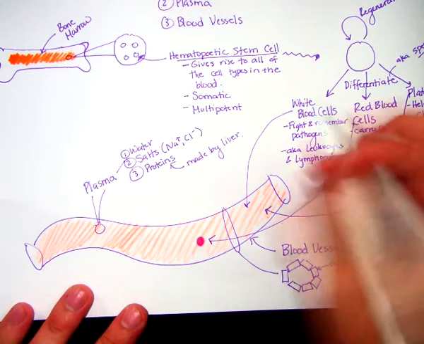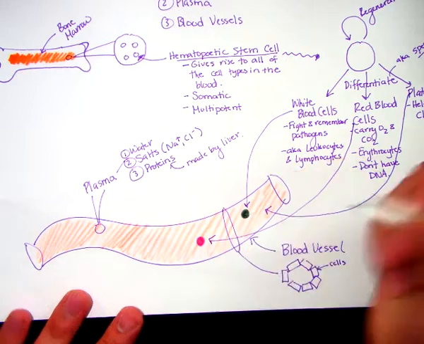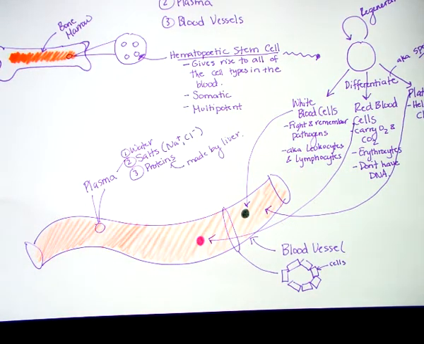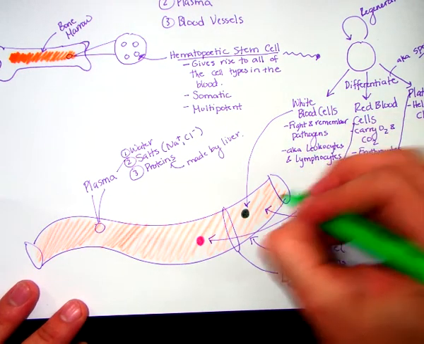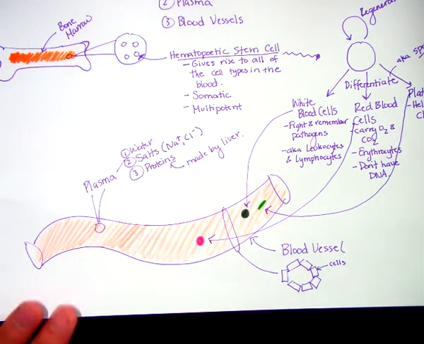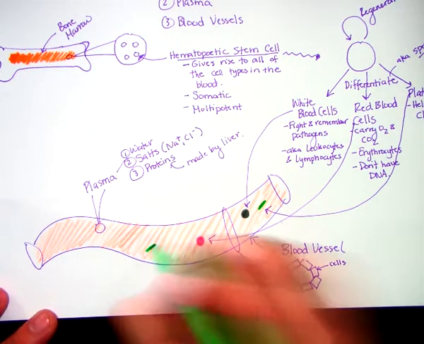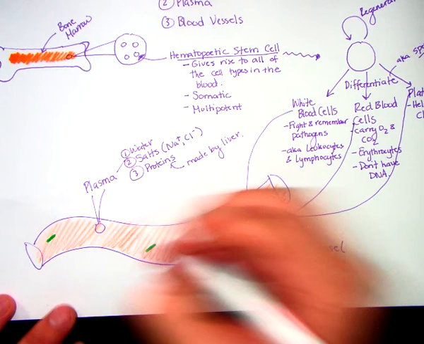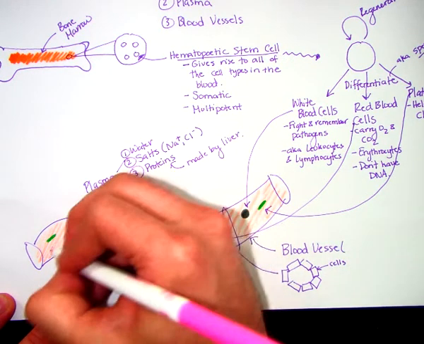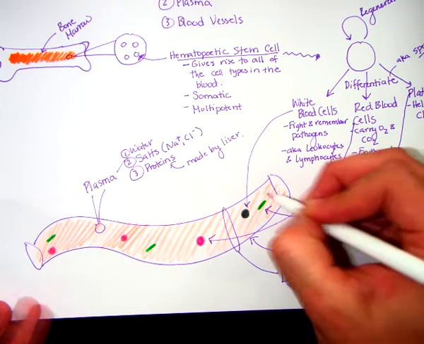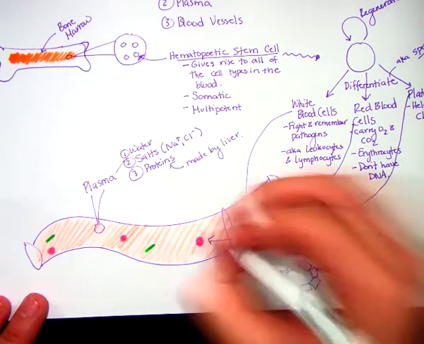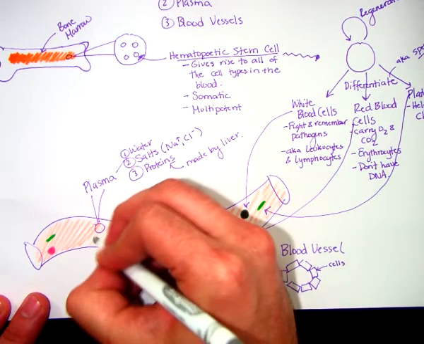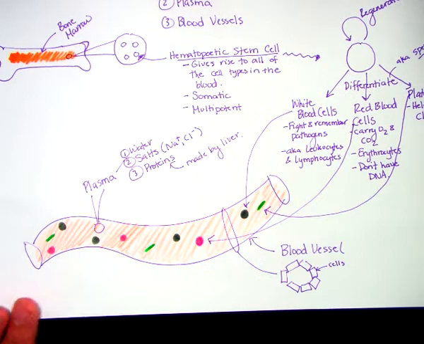White blood cells are going to be gray, and platelets will be green. And you can kind of throw these all over. Okay. So that's the circulatory system.